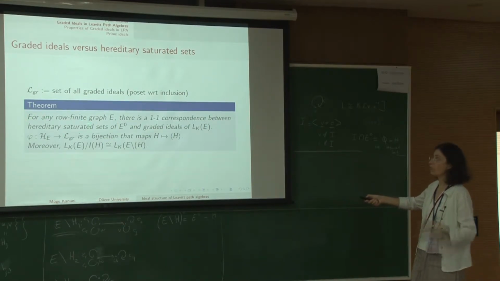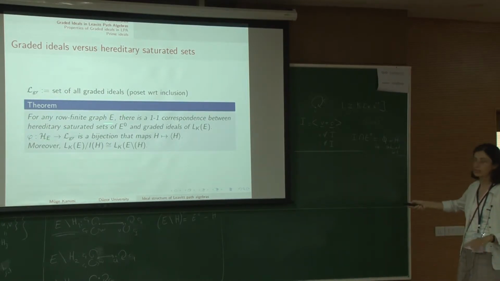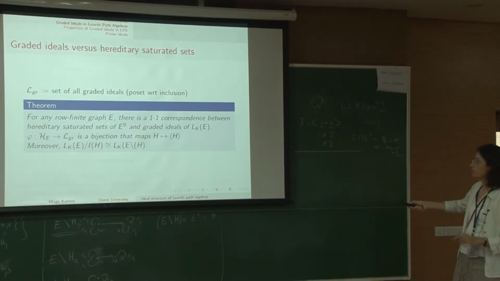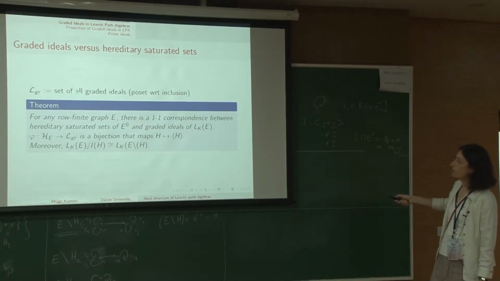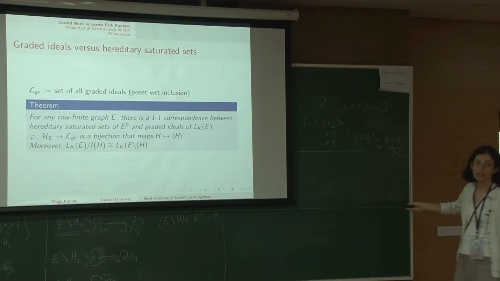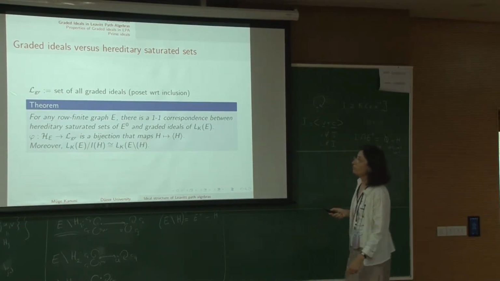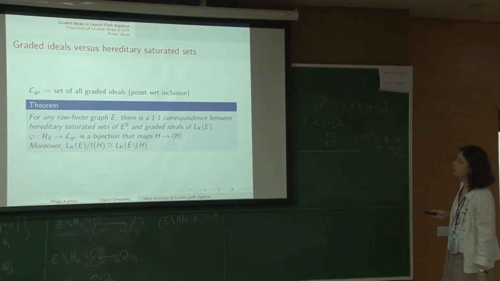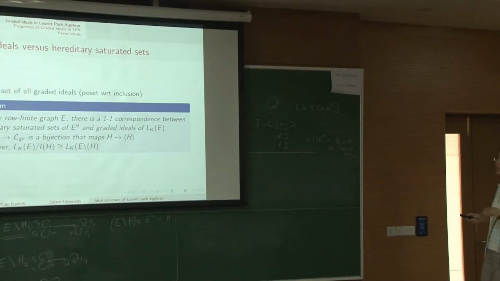There is a generalization for all possible graphs, but that requires a little more than hereditary sets, so I decided not to overwhelm you with the details. I denote by the set of all graded ideals with this. It's a poset with respect to inclusion, but it's a lattice as well. I'm going to give a few examples of different lattices, the Hasse diagrams of both the hereditary saturated sets and the lattice of the Leavitt path algebra next class.